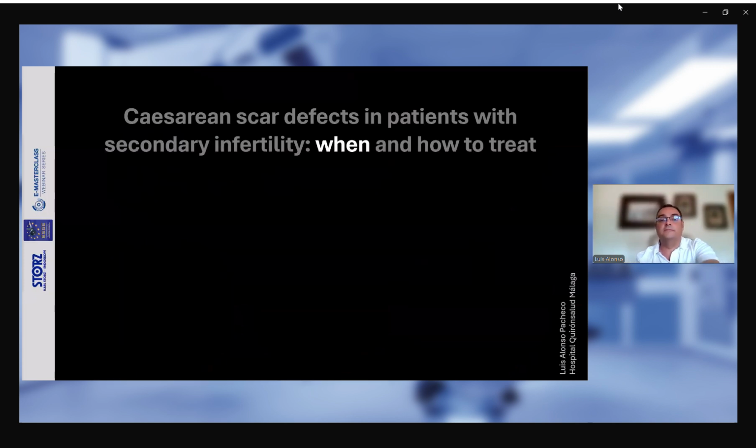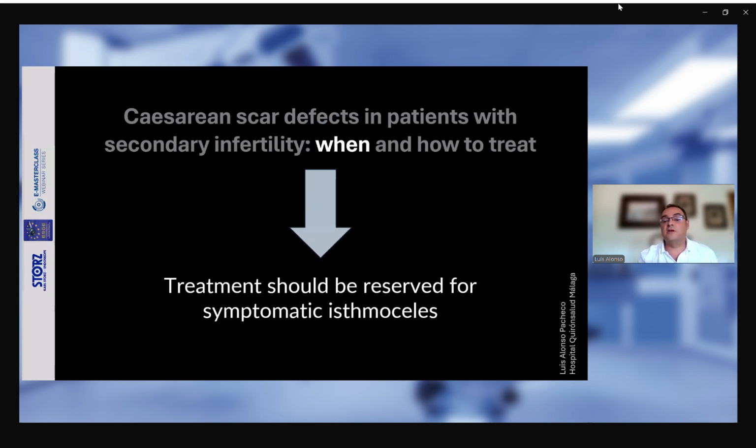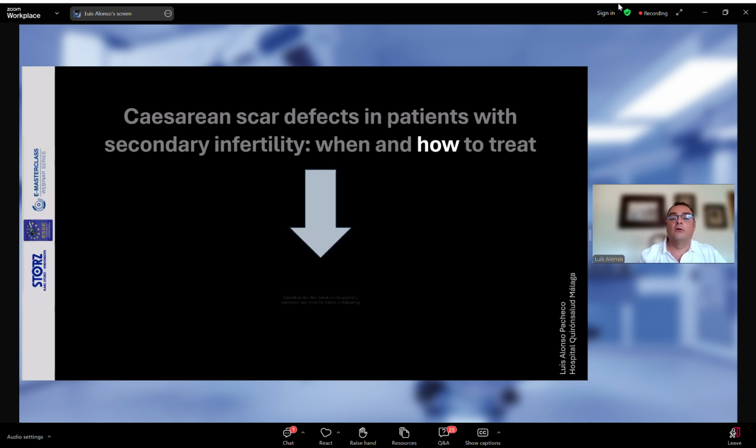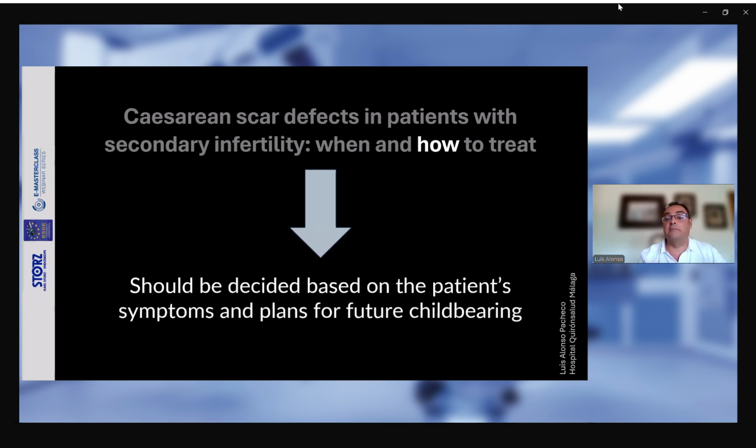In summary, the cesarean scar defects in patients with secondary infertility, coming back to the title of the lecture, when they should be treated should be reserved for symptomatic isthmocele, and how should be decided based on the patient's symptoms and plans for future childbearing.